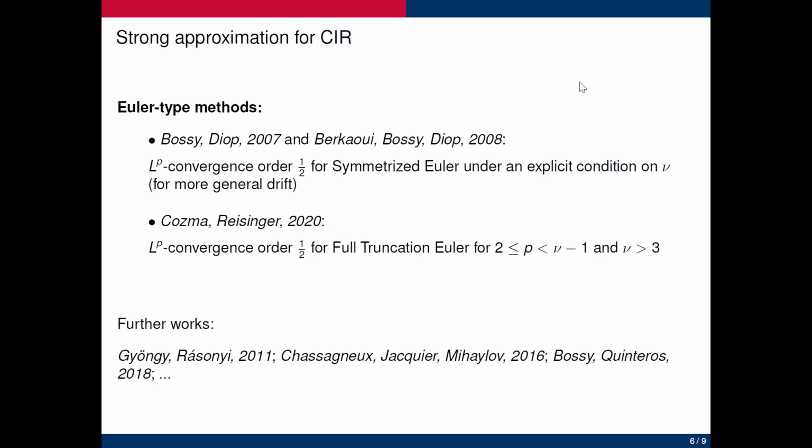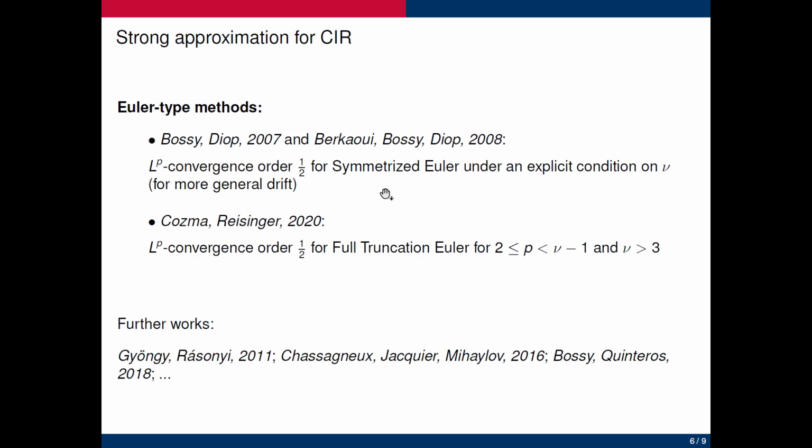There are not that many results for Euler-type methods which prove strong convergence with a rate. We have two papers by Bossy, Diop and Berkaoui, Bossy and Diop. In the last one, they prove L^p convergence of order 1/2 for the symmetrized Euler under a very strong assumption on the Feller index. In this paper, they also proved the statement for a more general drift.